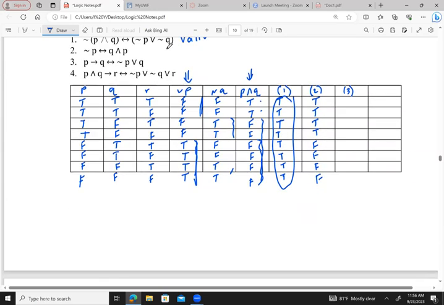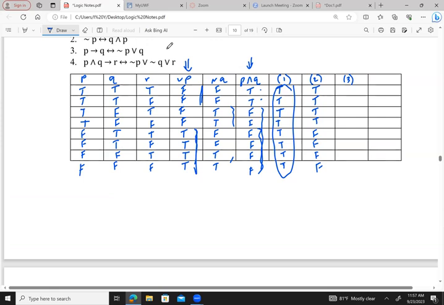I think I might be not P or Q. We'll create a new table here. And we're looking at P and Q. True, true, false, false.